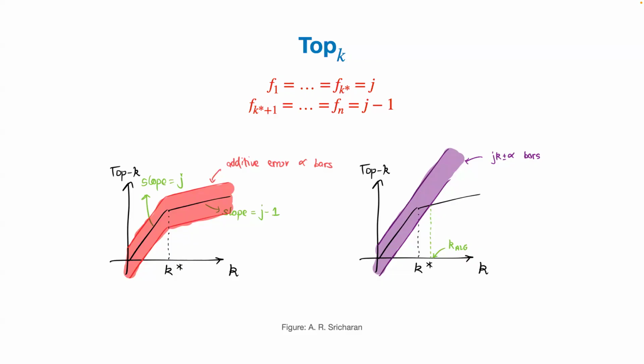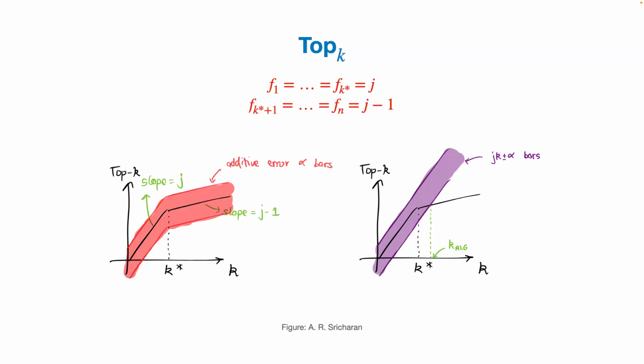For some integer K star between 1 and n, which we don't know, the value of the vector for F1 to Fk star is all J, and we know the number J. And for all of the other ones, the value of that entry is J minus 1. We want to understand what K star is based on only the answers of the top K norms.